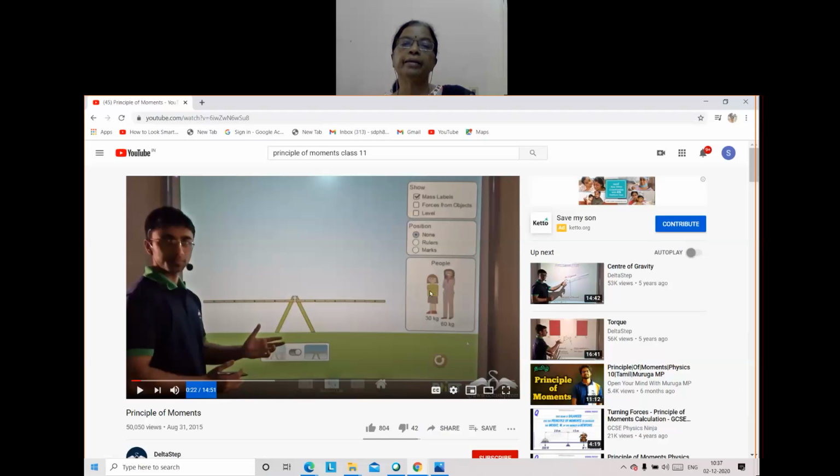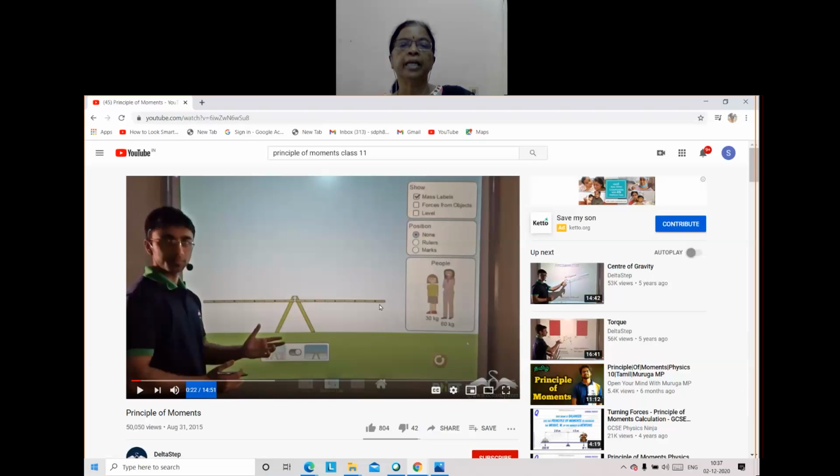If we take this child and keep it here, suppose this is 2 meter distance, then what will be the torque acting on it? Torque is equal to force into perpendicular distance. So 30 into 10, that will be the weight, and the distance is 2 meter.